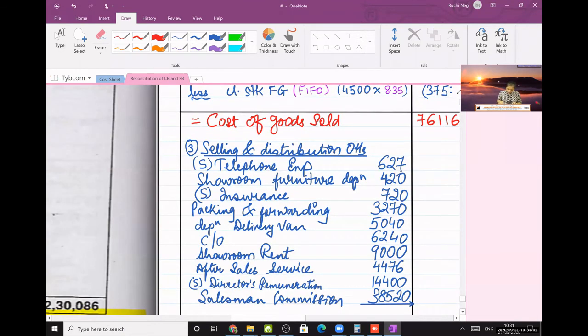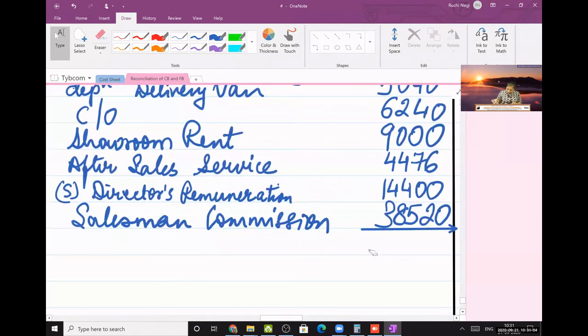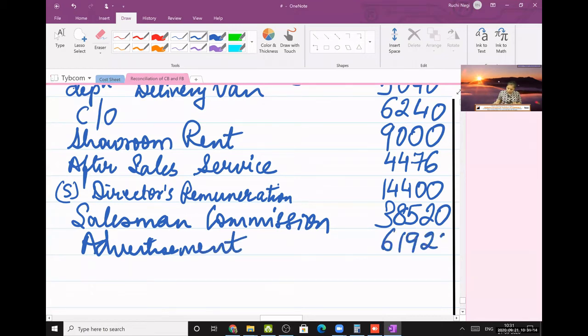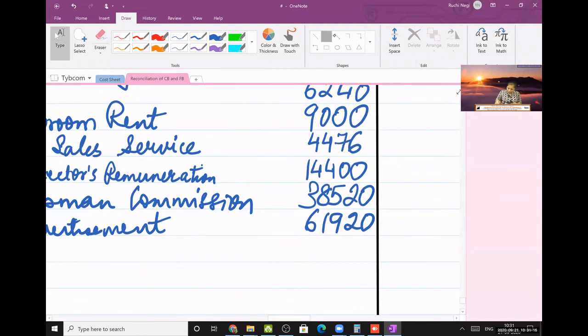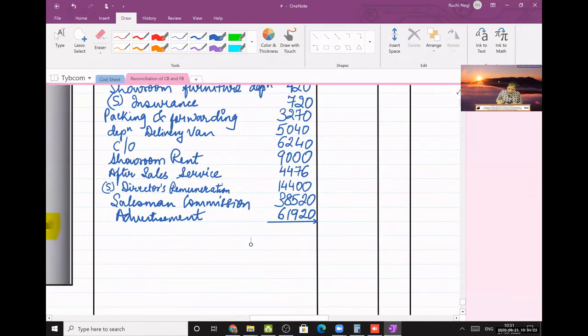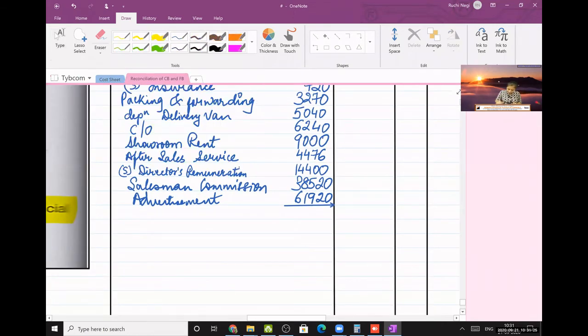That is also there. And students, you can start giving your attendance in the chat box.